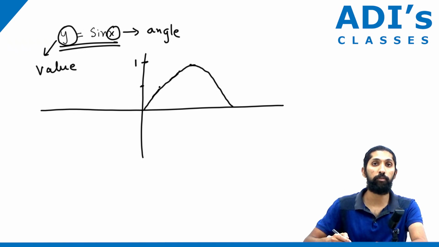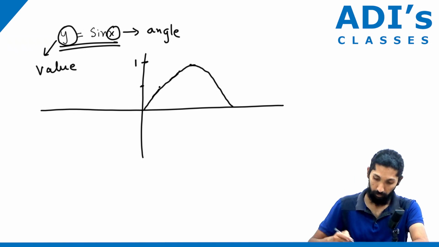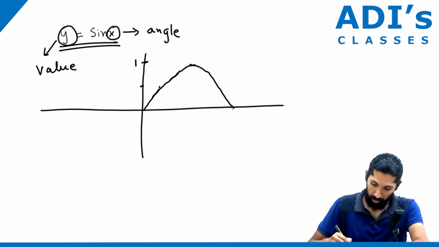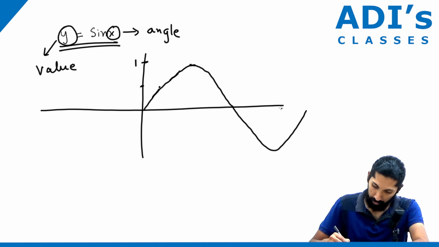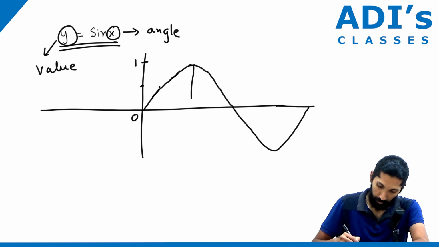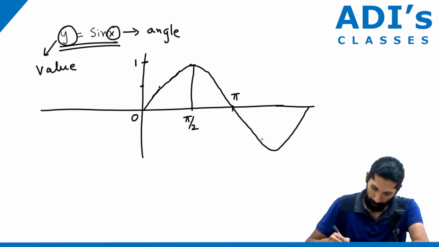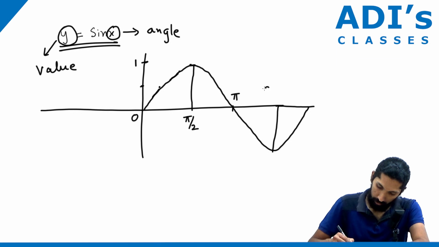Then in the third and fourth quadrants it's negative, isn't it? So the next two parts are going to be depicted something like this. So this is 0, this is pi by 2, pi, this is 3 pi by 2, this is 2 pi.